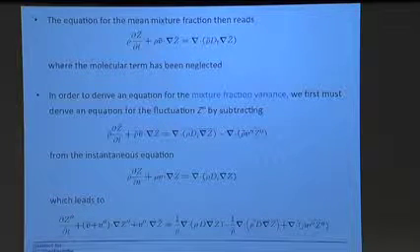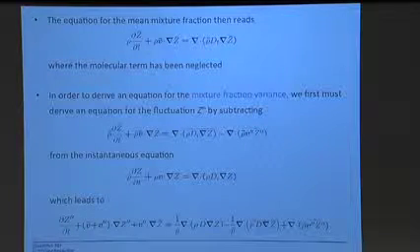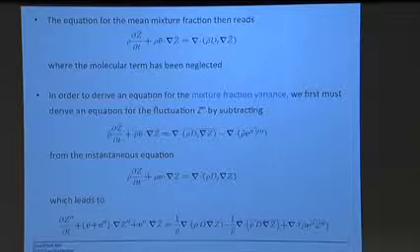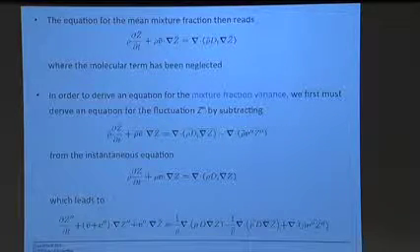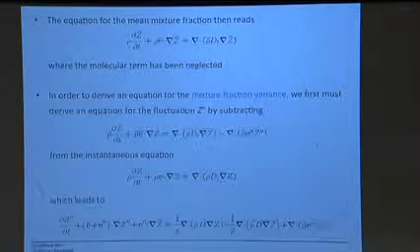Okay, so this is the mean equation. No, this is the mean equation. I'm sorry, this is the mean equation. This is the instantaneous equation. You subtract the mean from the instantaneous, you get an equation for the fluctuation. Well, this is how it looks like.